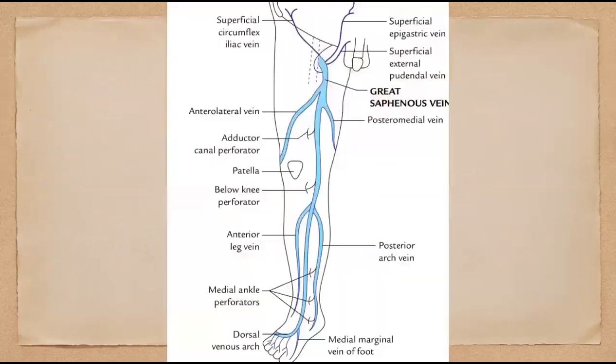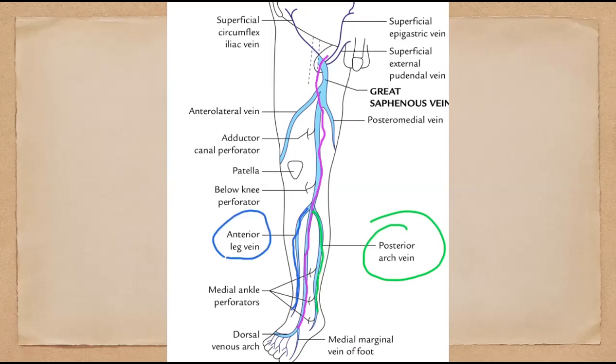So you see. This one being great saphenous vein, right? And this one is posterior arch vein, and this one is anterior leg vein. And you see this is the anterolateral vein, right?